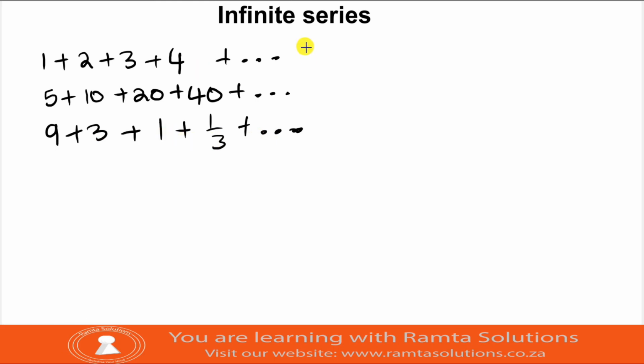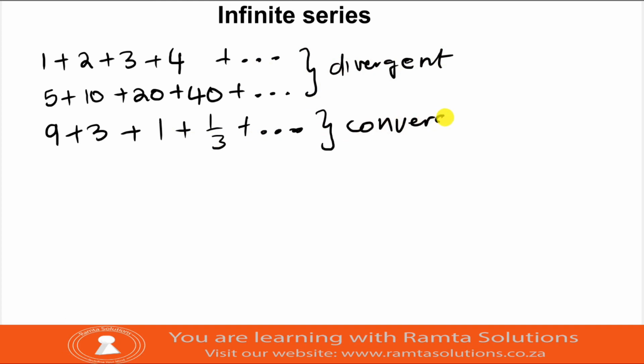Okay, so these two are the ones we call divergent series, while this one we call a convergent series. We call it convergent because it approaches a certain number.